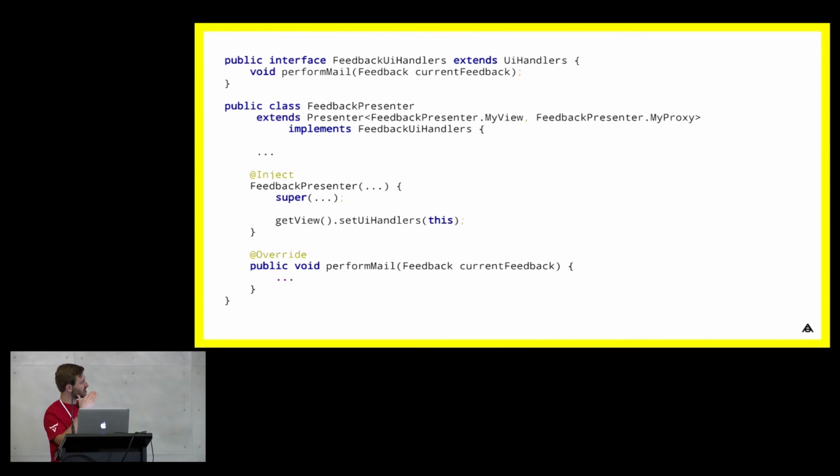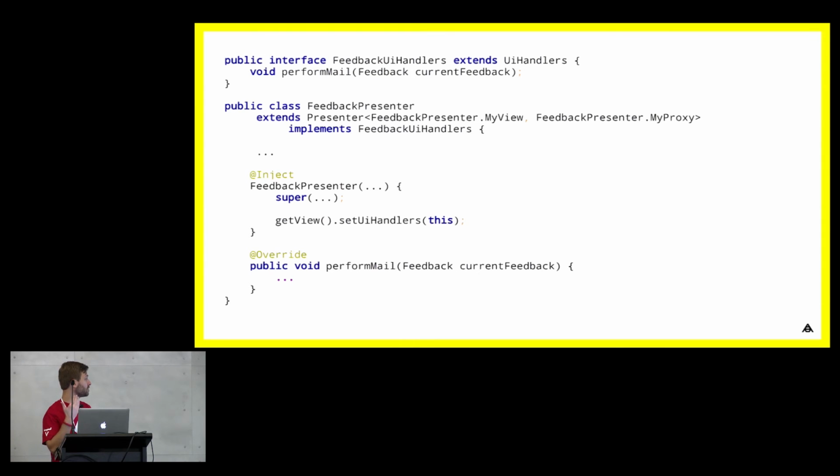Then it sends the feedback object, which in this case is because it's using the editor framework from GWT. So basically, when you flush the data, you send that back to the presenter so that it can perform whatever it wants to do with the feedback object.